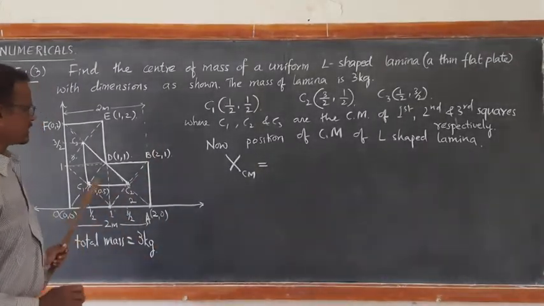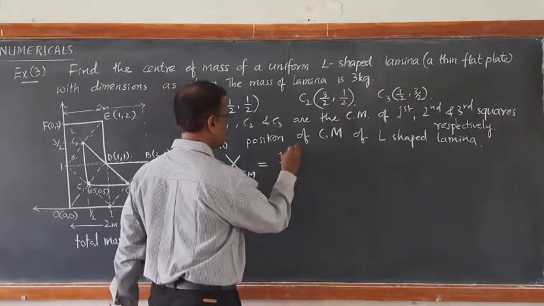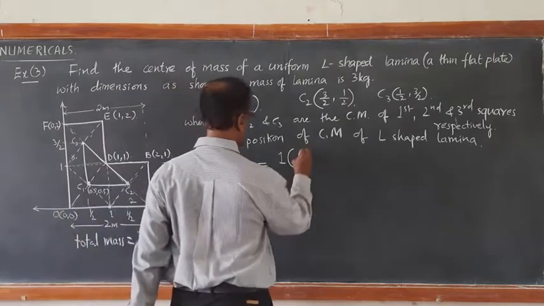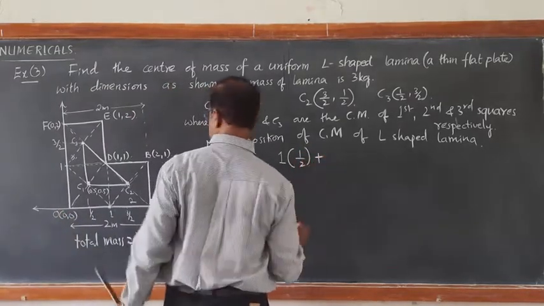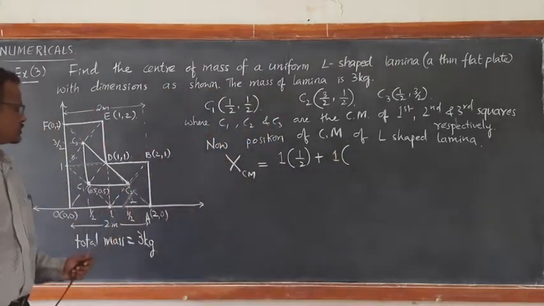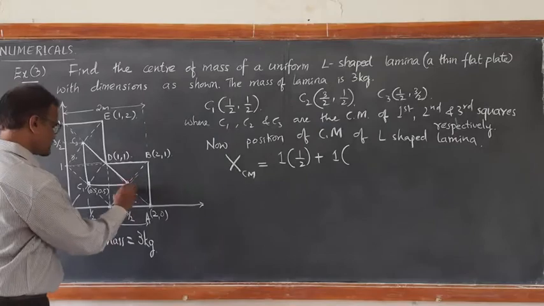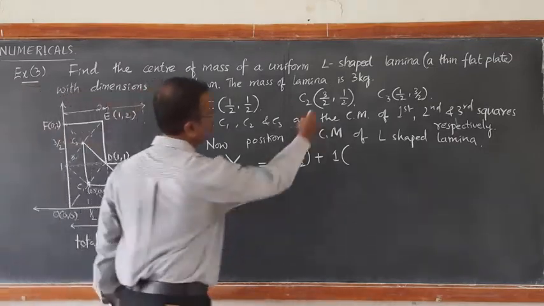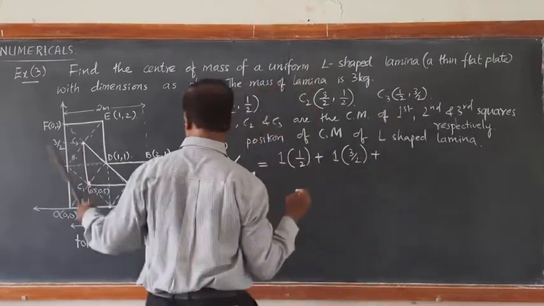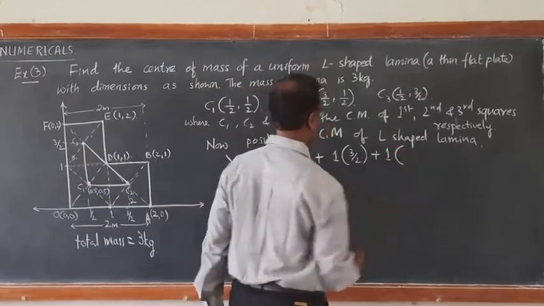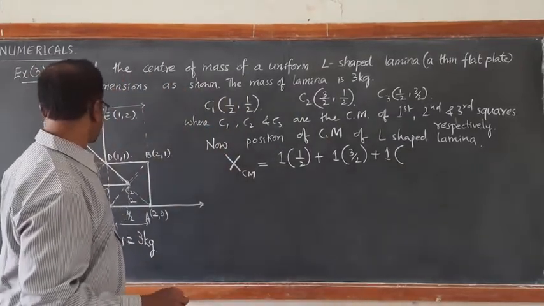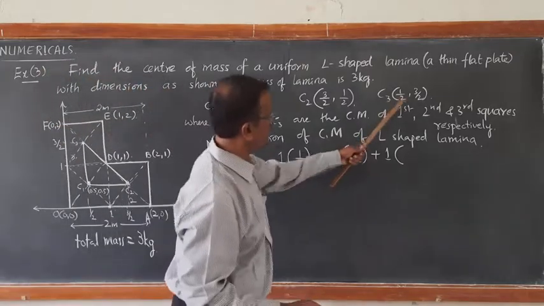So C1, that is 1 into x1. What is x1? Half, that is 0.5, plus C2 is again 1 kg, 1 kg into, what is x2? Look at this. x2 is 3 by 2. Plus C3 is also the same 1 kg, 1 kg into x3. What is x3 from here? x3 is again 1 by 2.